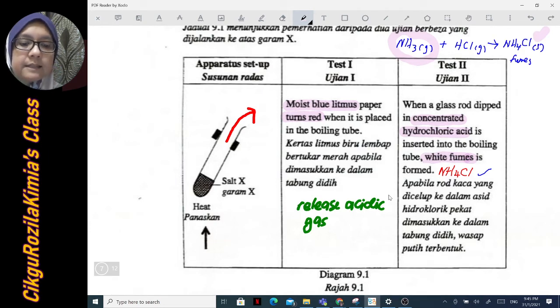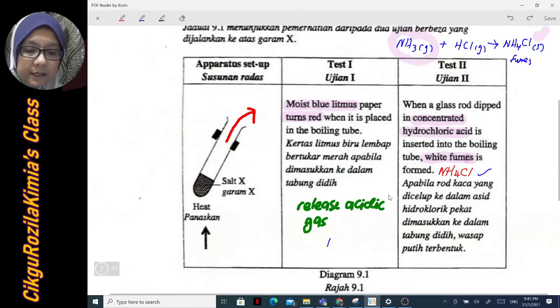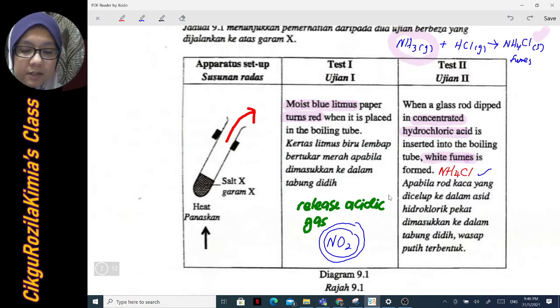Okay, yang test 1 pula, dia bagi tahu, ada tak dia cakap hanya ada satu test je untuk salt bila heating hasilkan blue litmus paper to red, which is kalau dia bebaskan nitrogen dioxide gas. Tapi we have to remember that nitrogen dioxide gas warnanya brown.